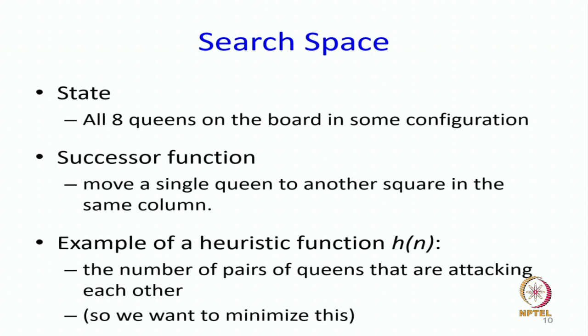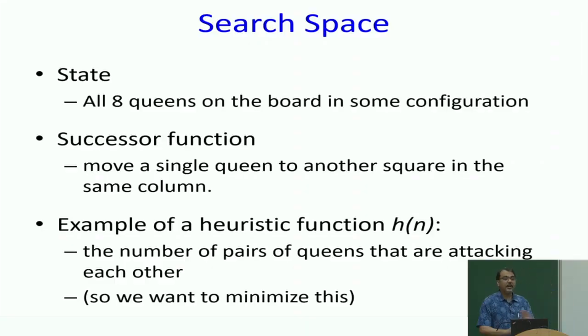So, the point is that a good neighborhood function should be one which has a good balance between the number of states I have to look at in my immediate neighborhood and the length of the path to the solution in general. And therefore, what is a good neighborhood function is a learned, acquired skill. It is very hard to say a priori that this is a good neighborhood function or that is a good neighborhood function. You have to try some neighborhood functions and then say, okay, this neighborhood function makes sense to me in the context of this problem, or you can try it in actual implementation and see.